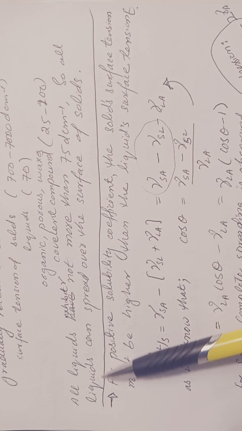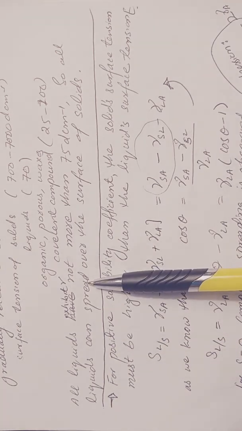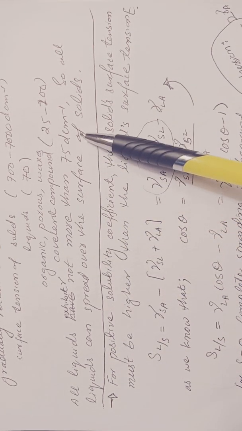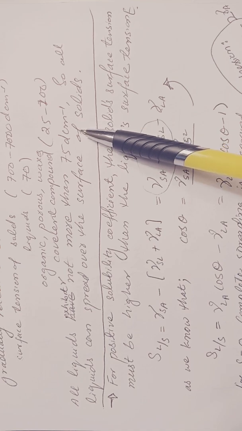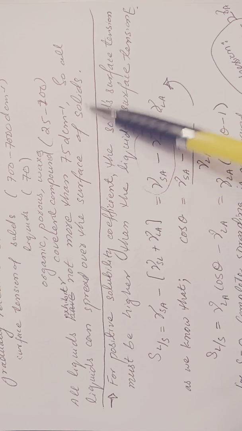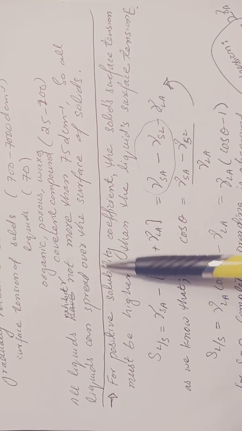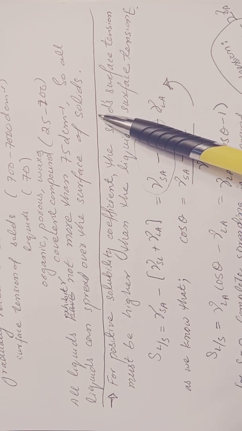So it means that all liquids exhibit not more than 75 dynes per centimeter, or around about it. So all liquids can spread over the surface of the solids.